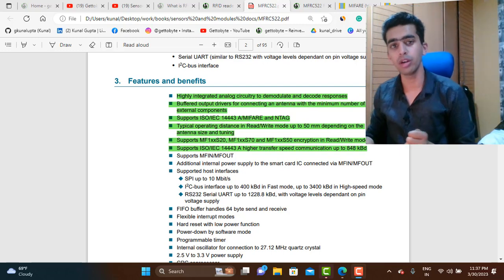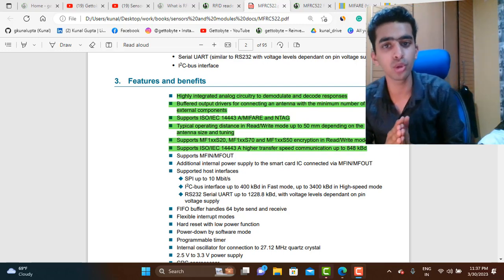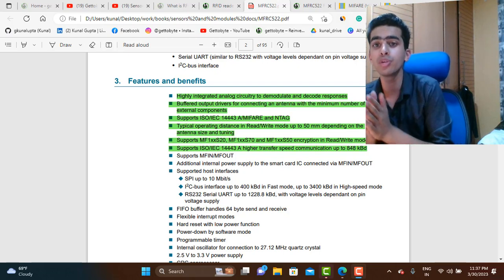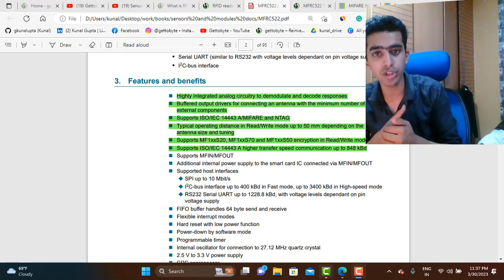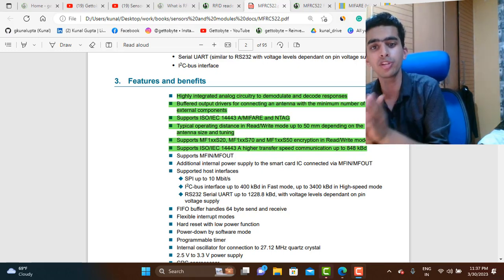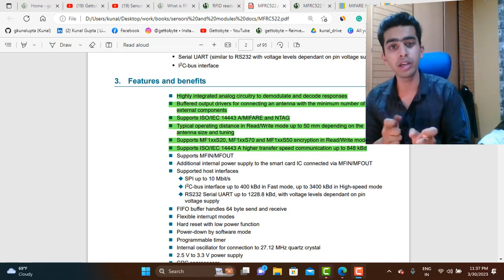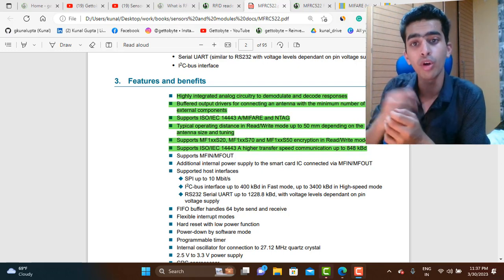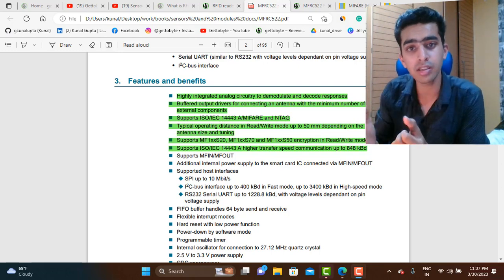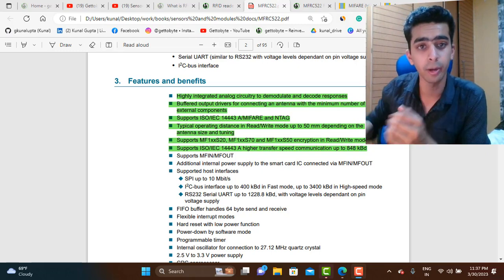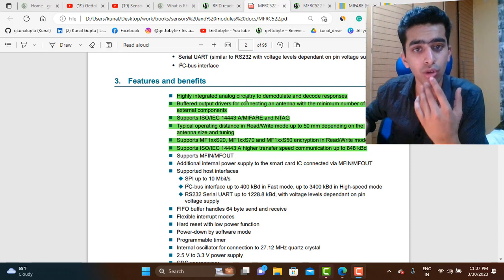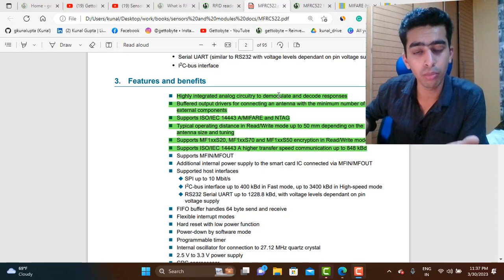As I have told, MFRC522 is a contactless communication module, an RFID module, so it will be doing wireless communication, and for that we need analog circuitry to decode whatever data we are transmitting and receiving wirelessly. So it is highly integrated analog circuitry for demodulating and decoding the responses from the RFID tags.